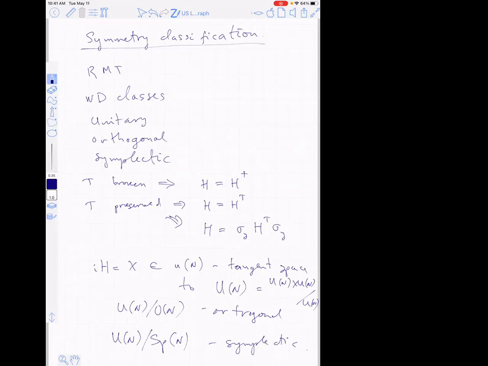Now, what Altland and Zirnbauer realized is that there's more to this story, because you can add additional symmetries to the problem. In particular, there's a class of problems called the chiral classes, where the example would be a lattice tight-binding model where the particles are only allowed to hop from one sublattice to another, with a bipartite structure.